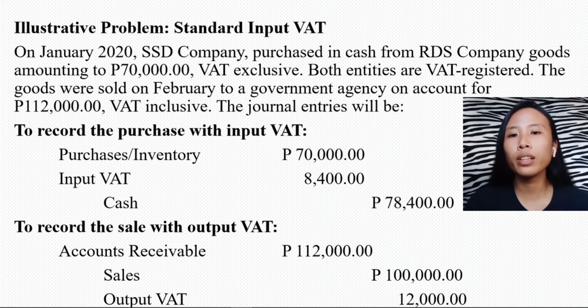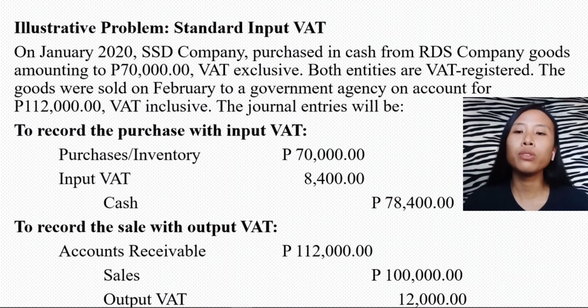So let's go to our last illustrative problem, which is on standard input VAT. The company purchased in cash from another company goods amounting to 70,000, VAT exclusive. Both entities are VAT registered. The goods were sold in the following month to a government agency on account for 112,000, VAT inclusive.